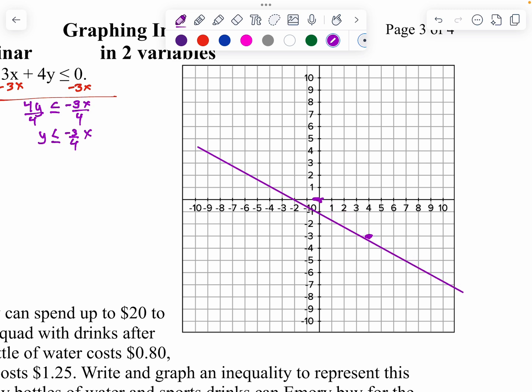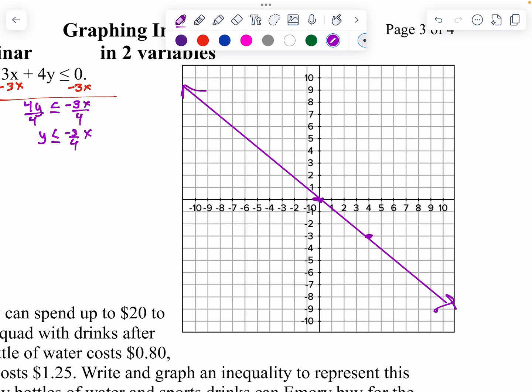I didn't draw that very well, so I'm going to redraw that. Okay, that's a little bit closer.